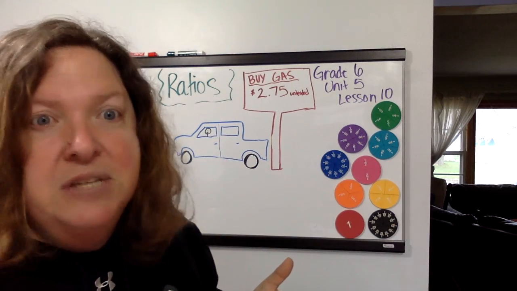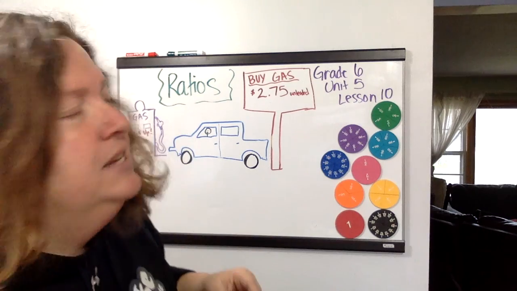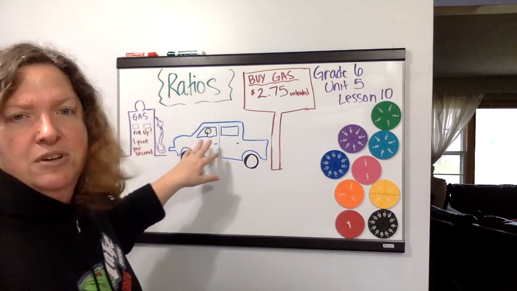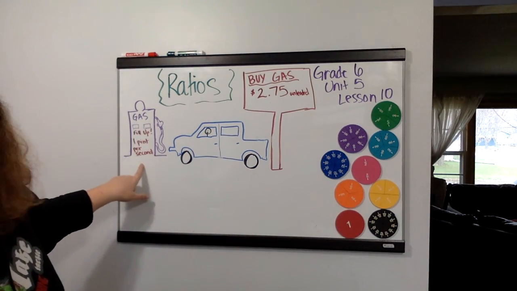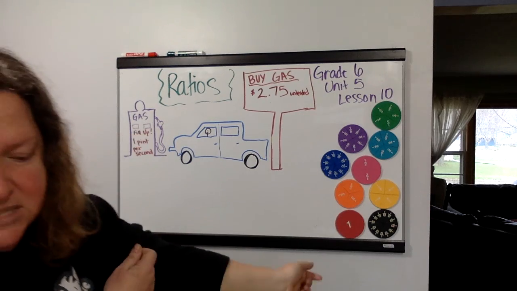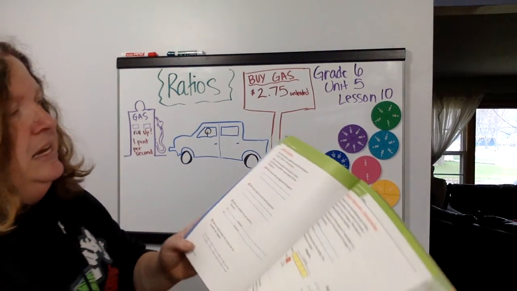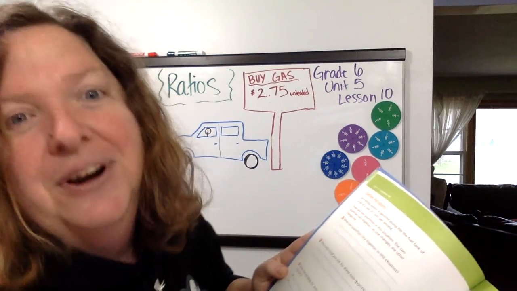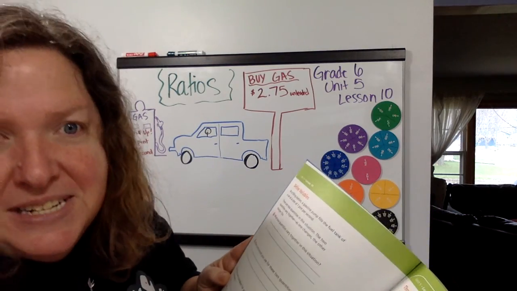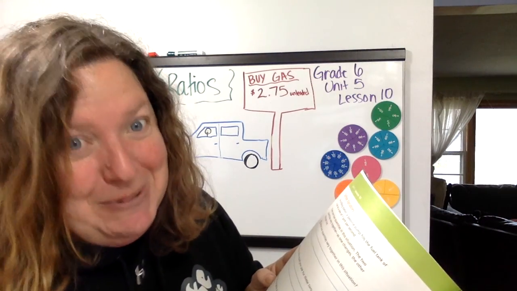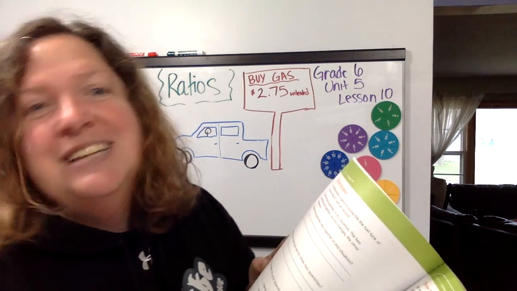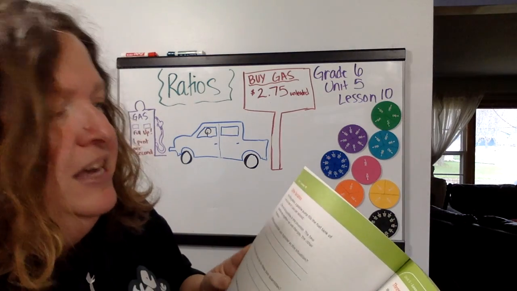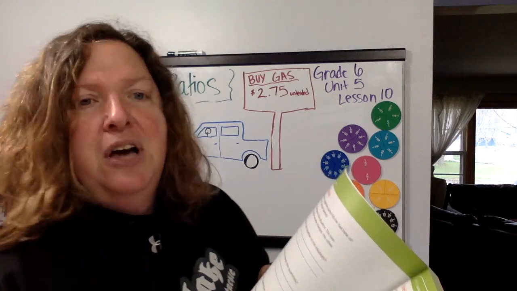Some vehicles might use diesel or something else, but we're just going to think about regular unleaded. So here you are, you pull up in your vehicle to the gas pump, and you're going to start pumping gas. Now, our book tells us that at a filling station, which is a very old-fashioned word for a gas station, a gasoline pump fills the fuel tank of a car.